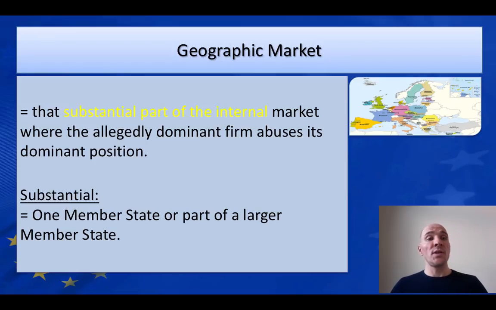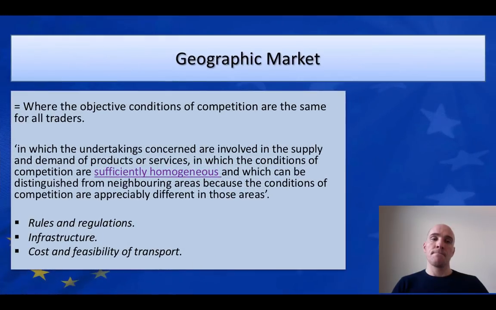So the definition is a substantial part of the internal market where the allegedly dominant firm abuses its dominant position, usually one member state or a part of a larger member state. So the definition then finally, where the objective conditions of competition are the same for all traders.